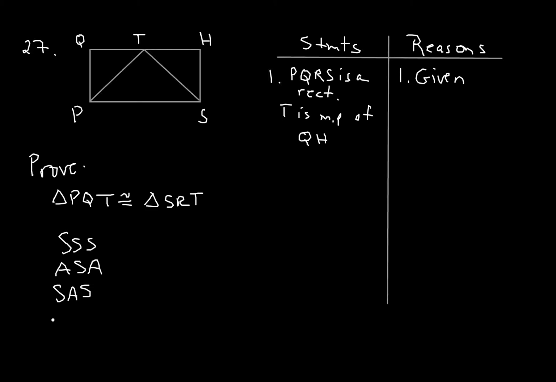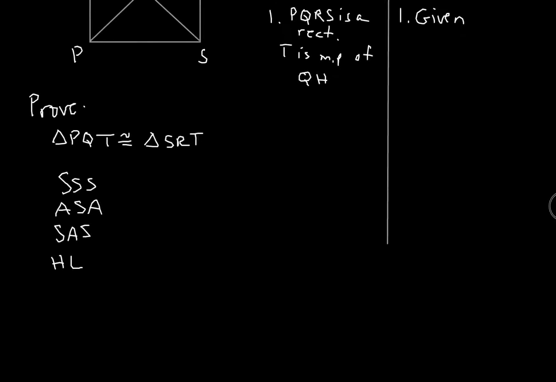Those three, and you can also do hypotenuse leg. So if you have the hypotenuse and leg of one right triangle congruent to the hypotenuse and leg of another right triangle, the triangles are congruent. So I'm going to try to go through this fairly quickly.